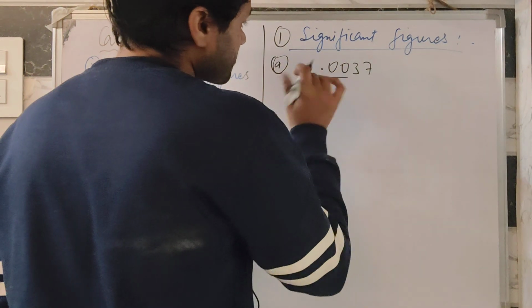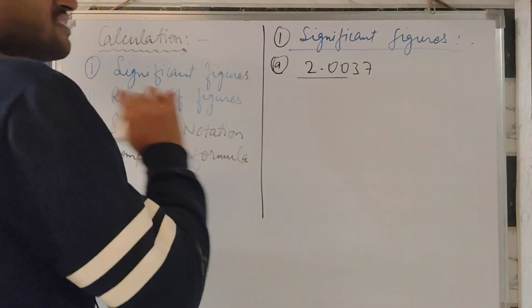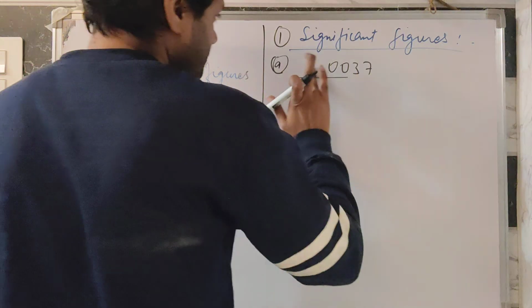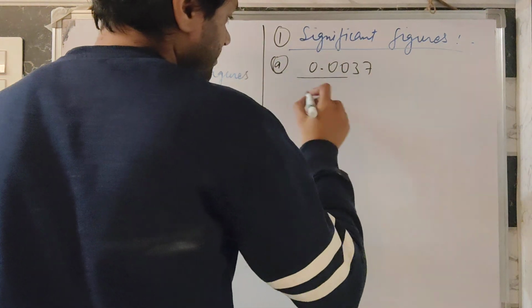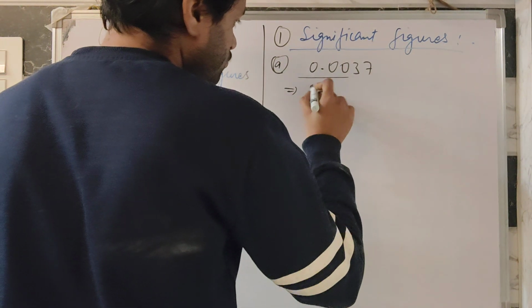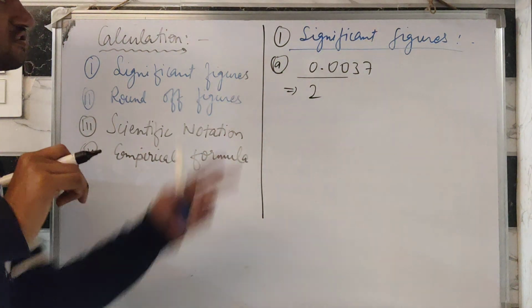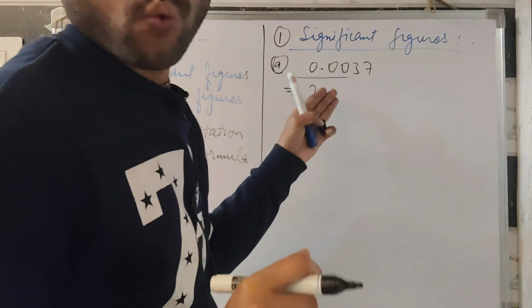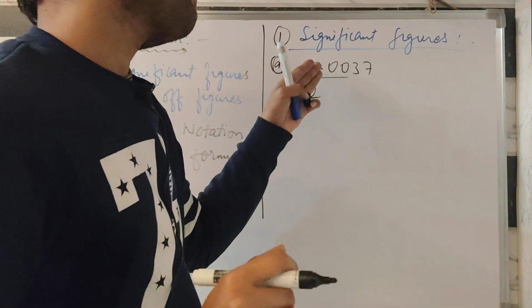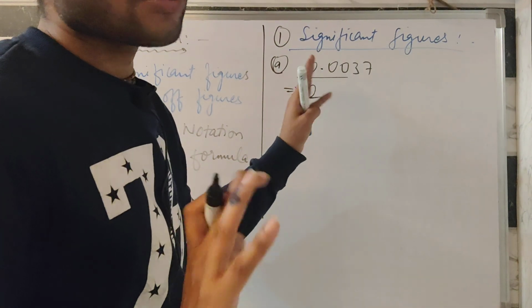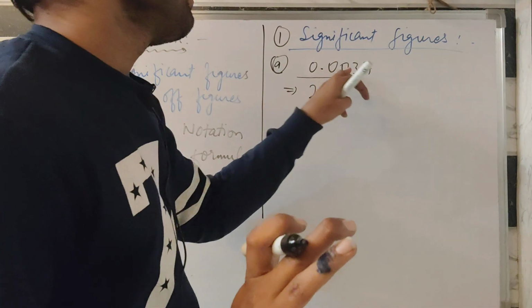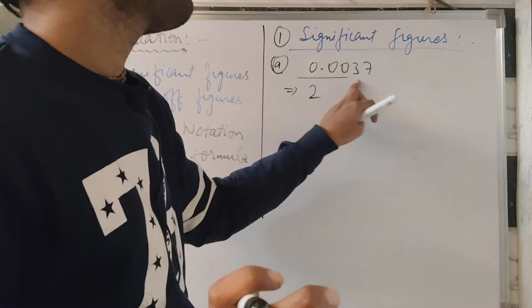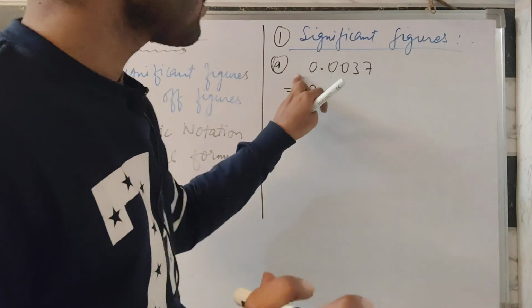So 3 and 7 are the significant figures. So how many significant figures? Just 2.